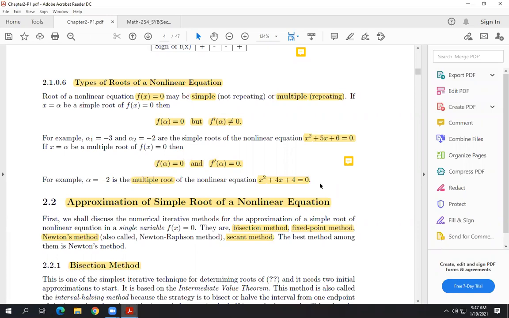I will start, inshallah, the bisection method next time here. And I will send you the PDF file for the first lecture, maybe today, inshallah, to your email. And the syllabus, as I told you, just wait. I'm waiting for the dates for the midterm exam and the final exam.